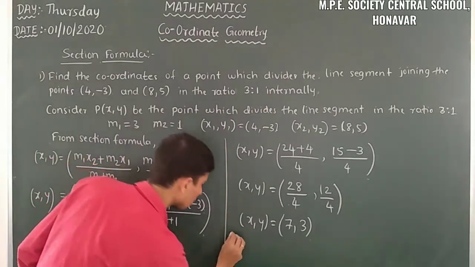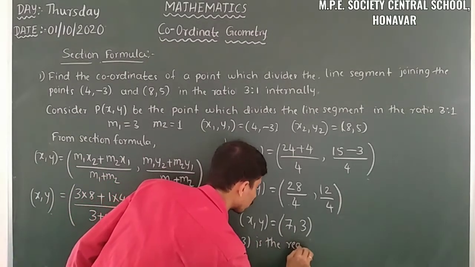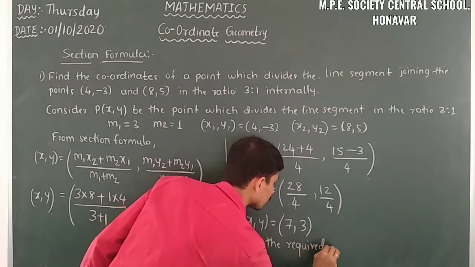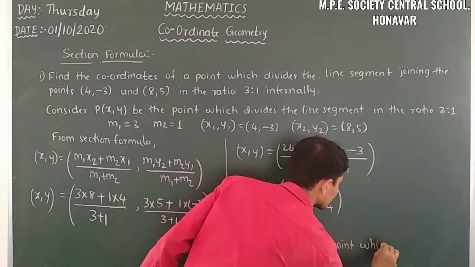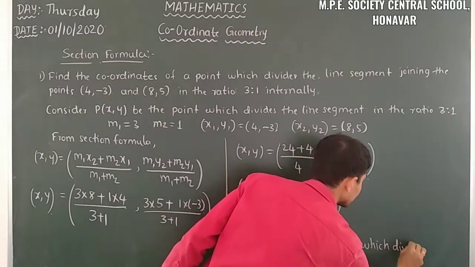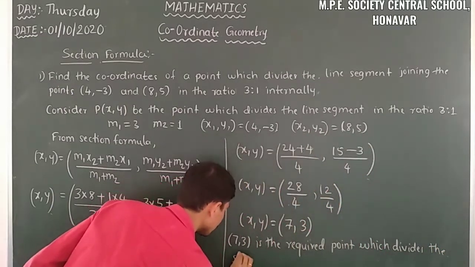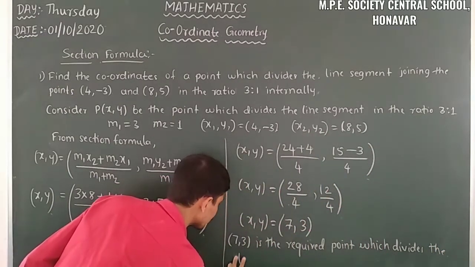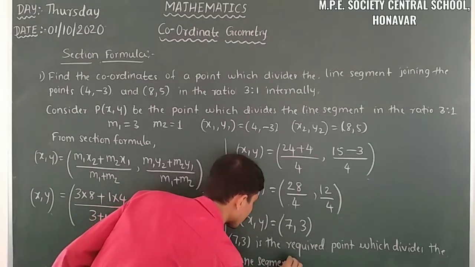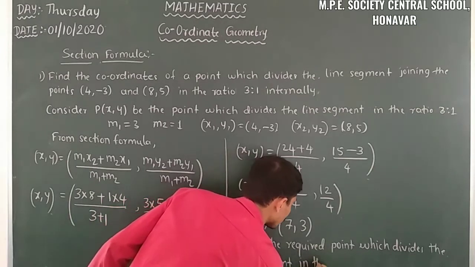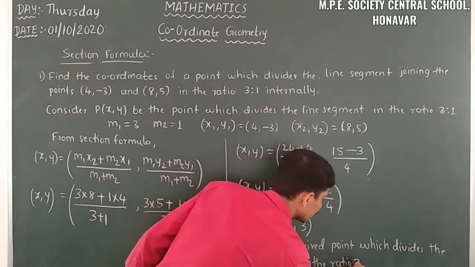So 7 comma 3 is the required point that divides the line segment joining these 2 points in the ratio 3:1.